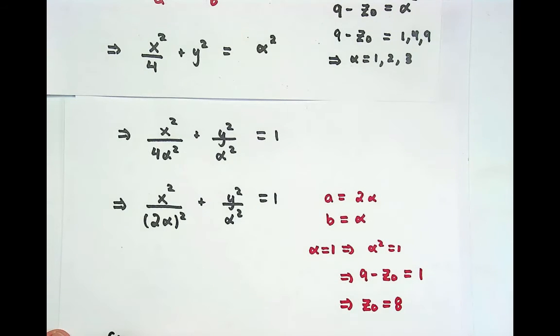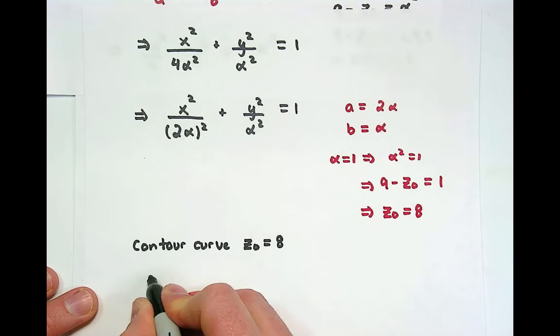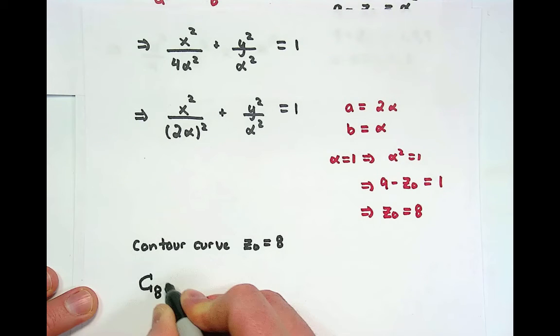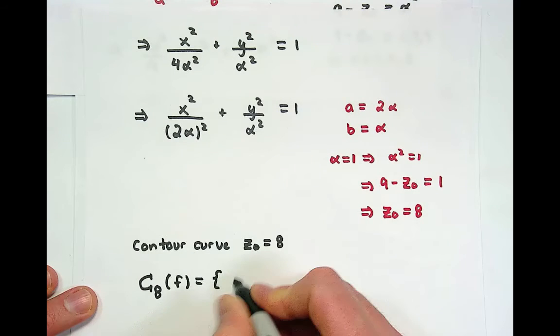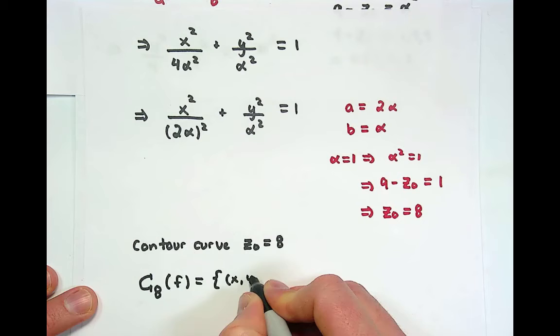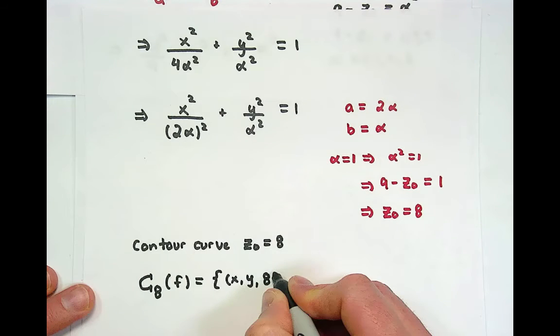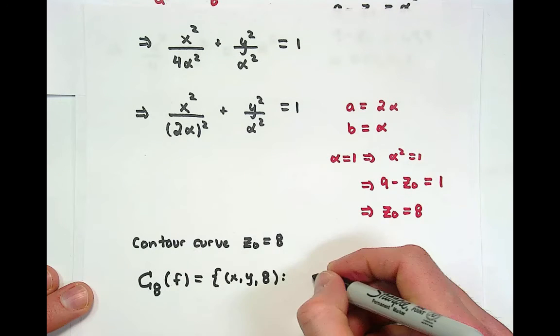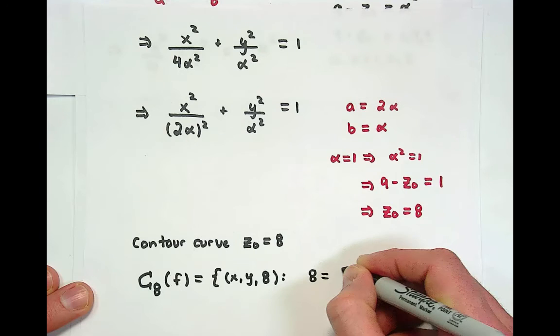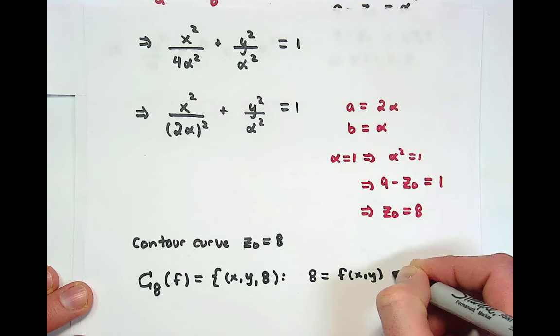So if we take the contour curve associated with z naught equal 8, let's look at what this is. Well, we said that was going to be in our notation C sub 8 of the function f. This is going to be equal to the set of all x comma y comma z naught. This goes back to the definition that we covered in the first part of this video. And then the only claim was that 8 was equal to f of x comma y.